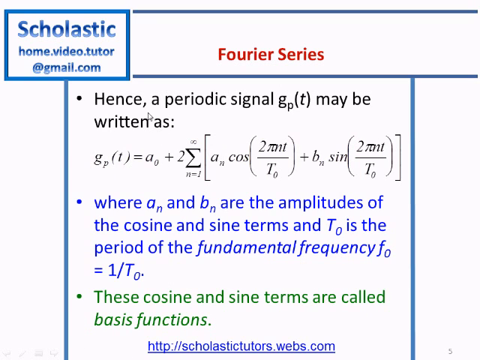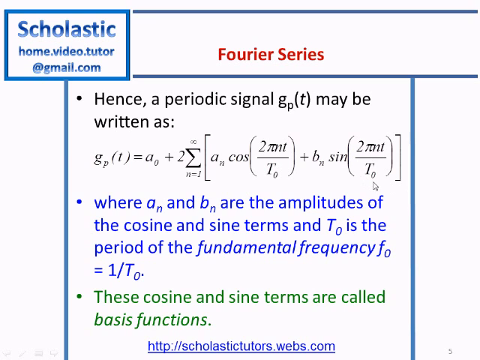The mathematics says that a periodic signal g_p(t), where p is for periodic and t is for time domain, can be written as A0 plus 2 times the sum from n equal to 1 to infinity of An cos(2 pi n t over T0), where T0 is the periodicity of the signal, plus Bn times sin(2 pi n t over T0).